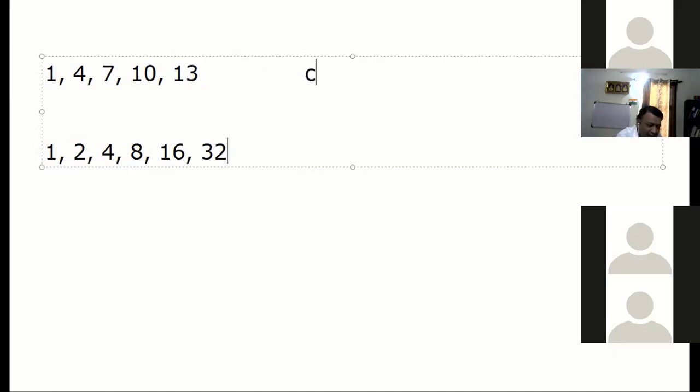So the common difference, D, is 3. The difference between every term is plus 3, plus 3, plus 3, right? That's why it's an AP, arithmetic progression. You know that already.